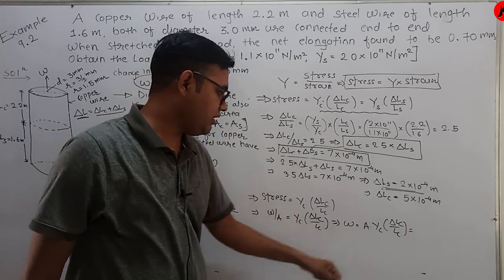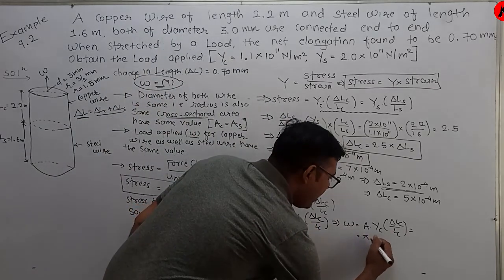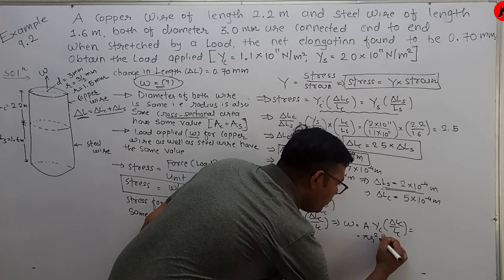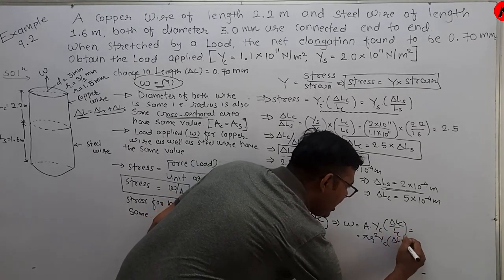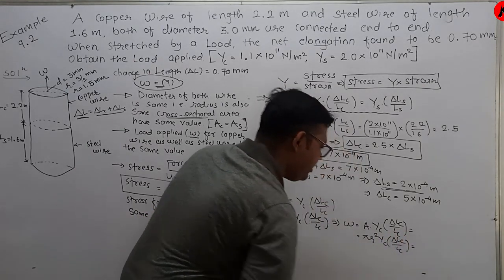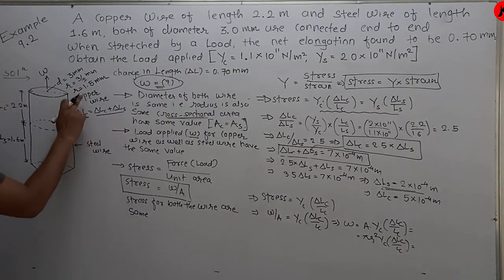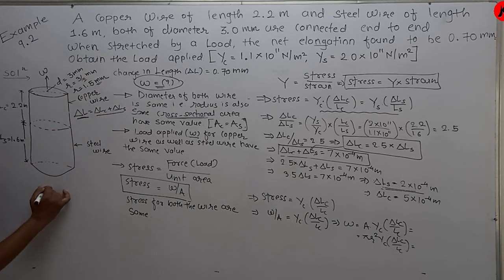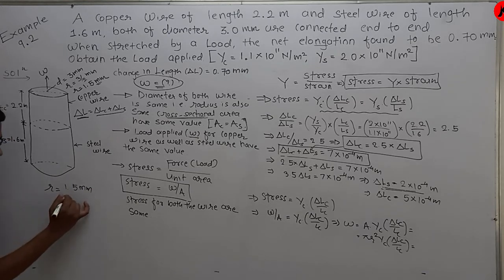We have all the values. Area is given by pi r square, into YC into delta LC by LC, right? The radius here is given in mm, right? If I convert into meters, here the radius r is 1.5 mm, which becomes 1.5 into 10 raised to minus 3 meter, right?